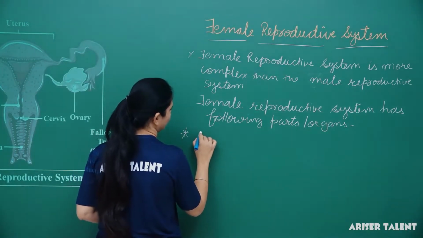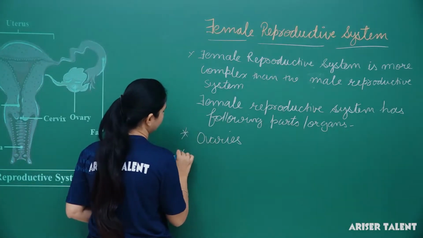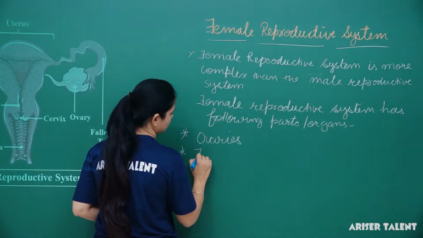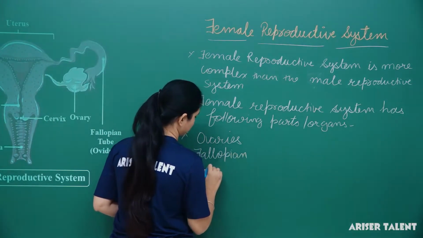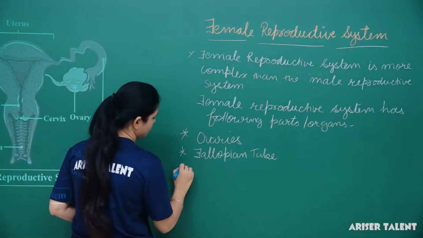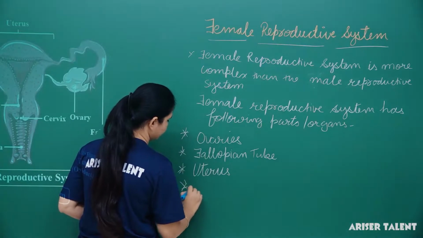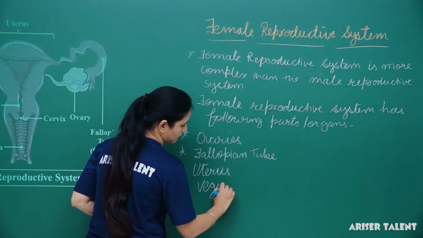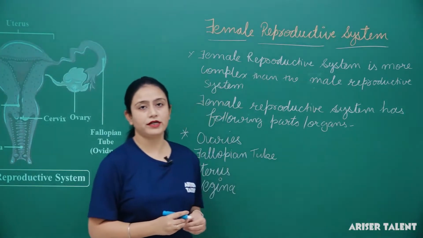Number one, ovary, then fallopian tube, uterus and vagina. So these are the four main parts of the female reproductive system.